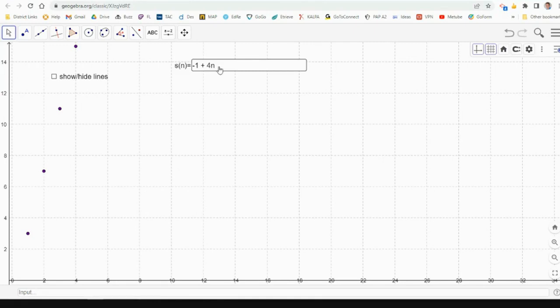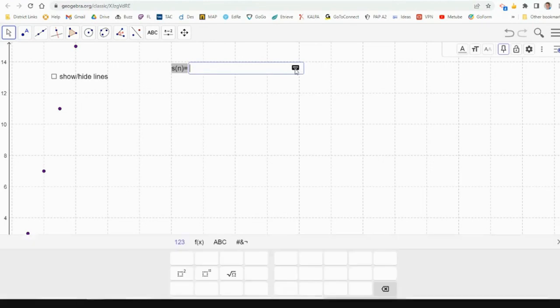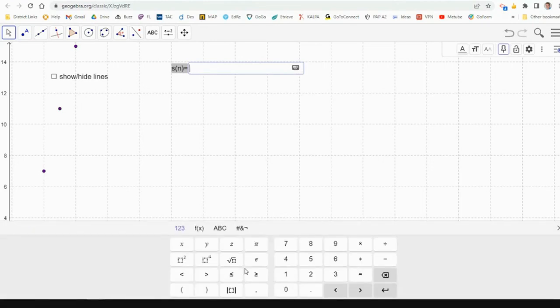So let's see if we can do this right. Delete that. You can hit this little keyboard here and it'll pull up some other options for you. Not a whole lot of options there. F of X. It does have a few things.